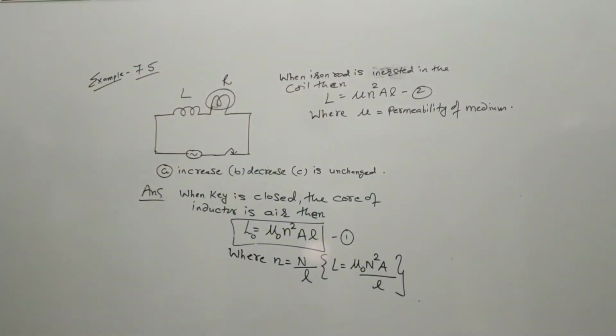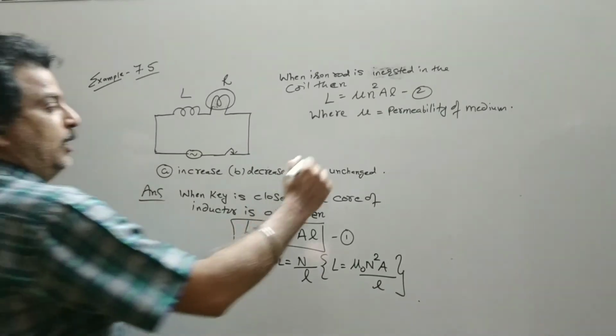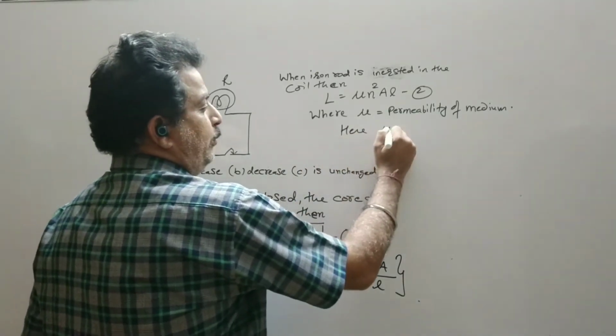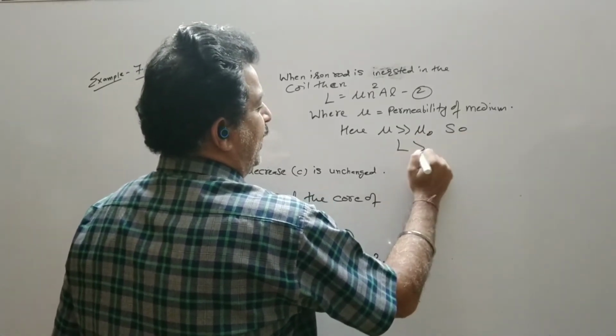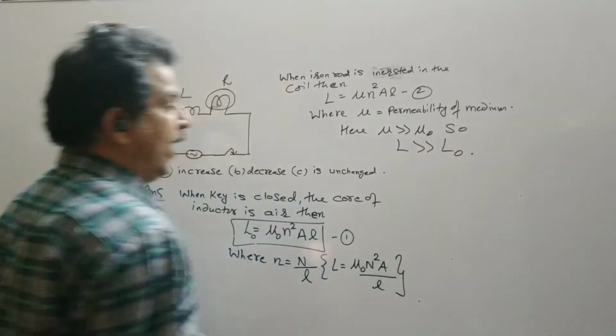So mu we know is much greater than the value of the permeability of a medium. So here mu is much greater than mu naught. So L is greater than L naught.